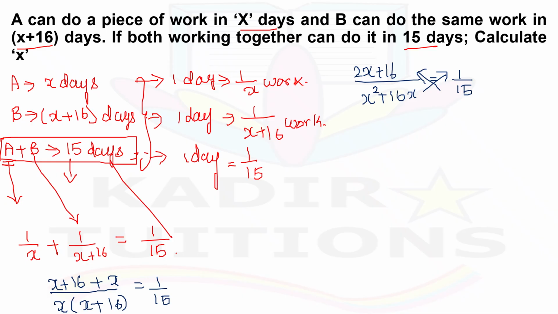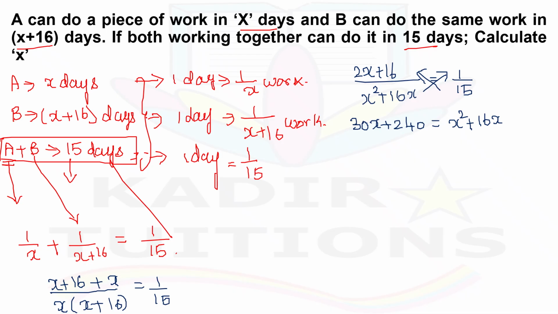So 15 into 2 is 30x, and 15 into 16 is 240, which is equal to x square plus 16x, which goes to the right hand side. Now we'll move everything to the LHS and make the RHS 0, so that we'll get a perfect quadratic equation.